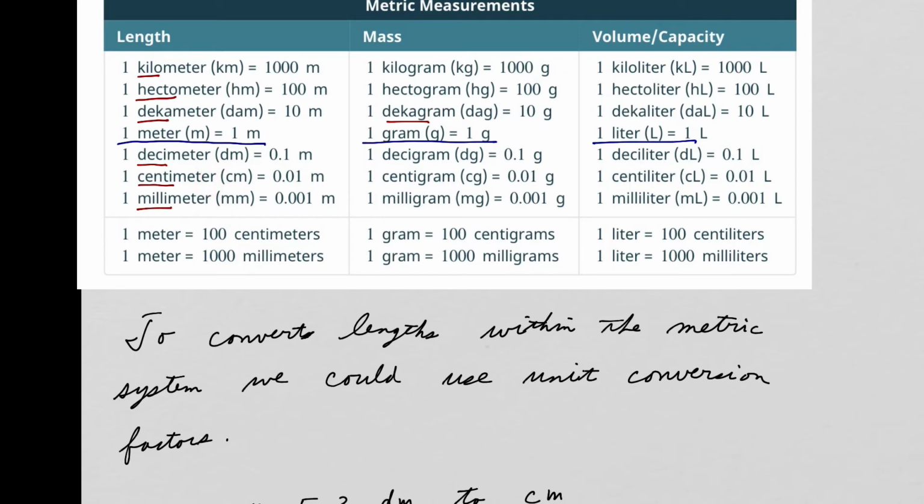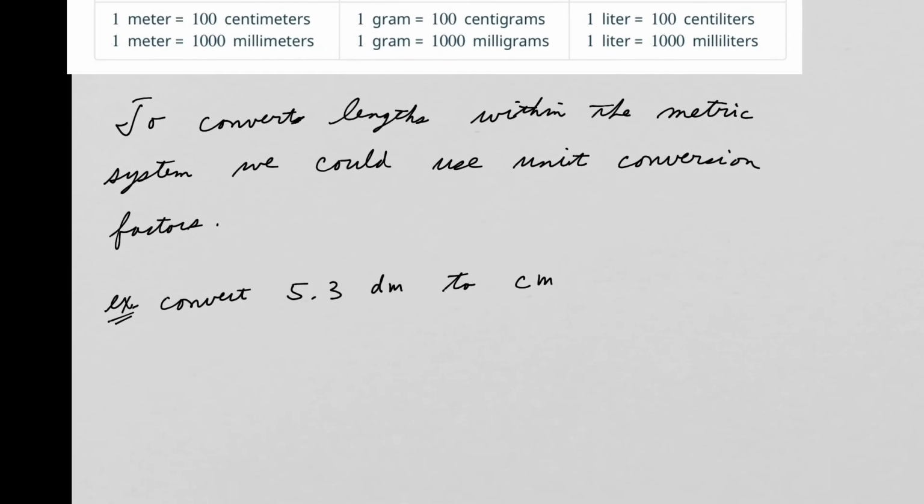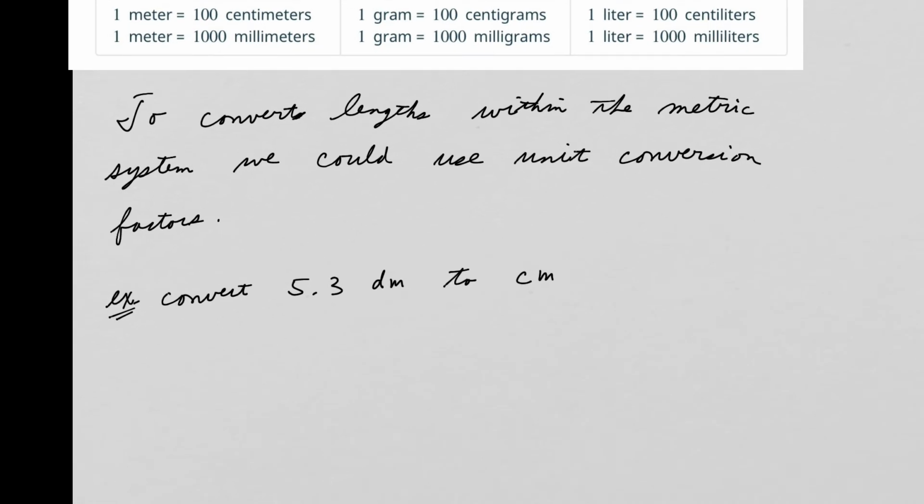So one way we can say that is that the relationship between decimeters and centimeters is that 1 centimeter is equal to 1/10 of a decimeter. Or we could also write it this way, that there's 10 centimeters in 1 decimeter.